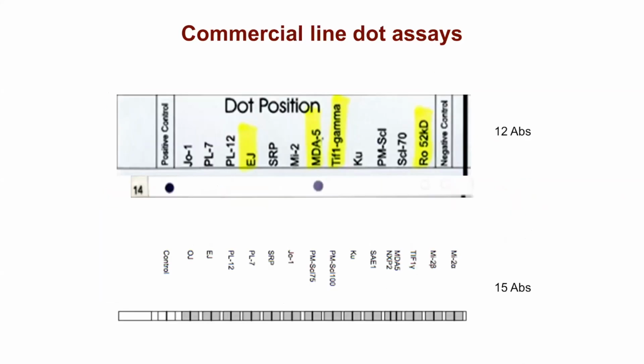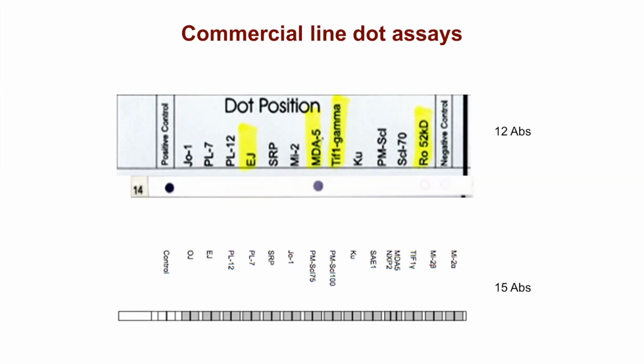But much more recently came these commercial line-dot assays, which permit you to have the results in roughly 2 hours. On one sample, in the context of a clinical myopathy, you can have the result. These are 2 different European brands, in fact. And in the first example, you have a patient with antibodies directed against MDA5.